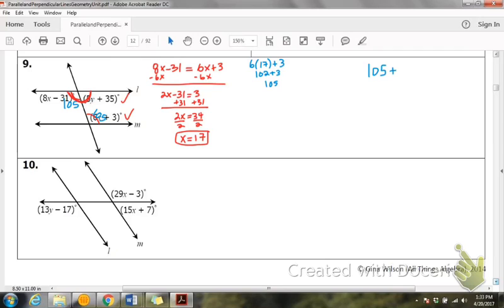Is that 8y? 3y? 5y. Please make sure you follow order of operations, meaning you need to combine 105 and 35 first before you move over.